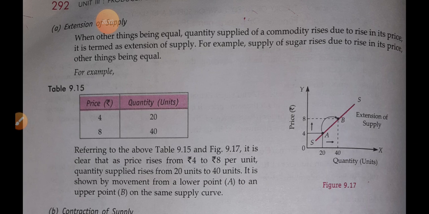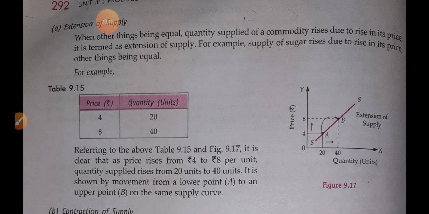For example, supply of sugar rises due to rise in its price and other things being equal. Here we have taken that other factors are constant, so that quantity supplied of a commodity rises due to rise in its price.